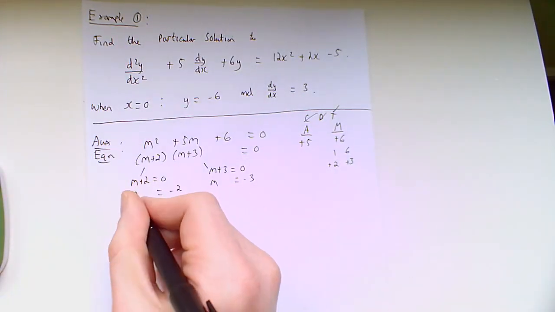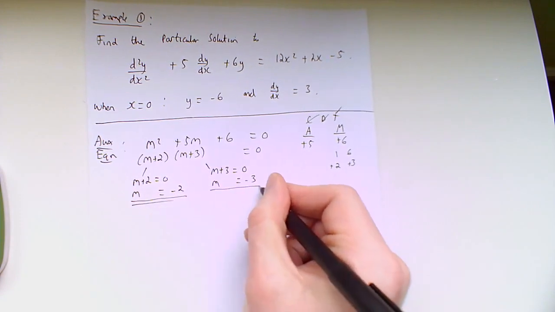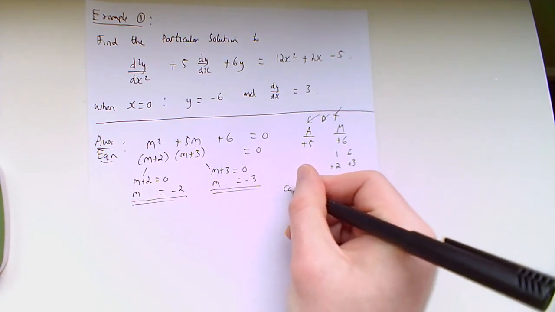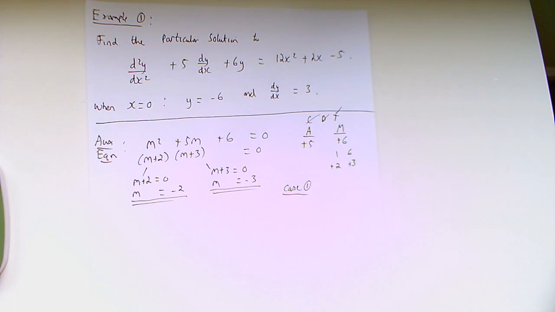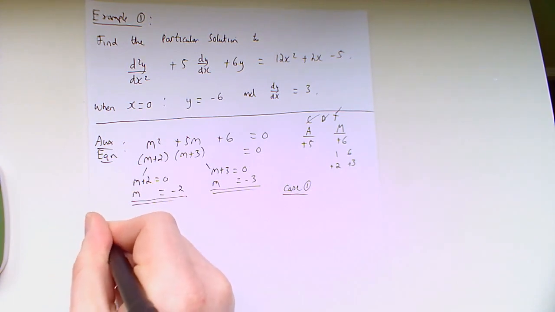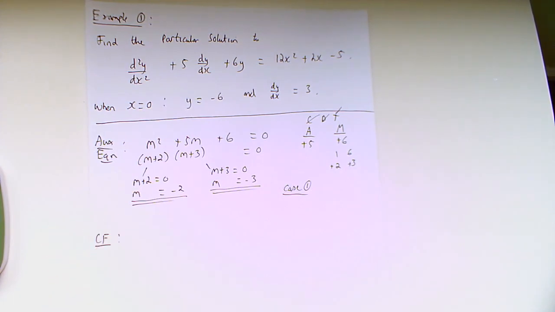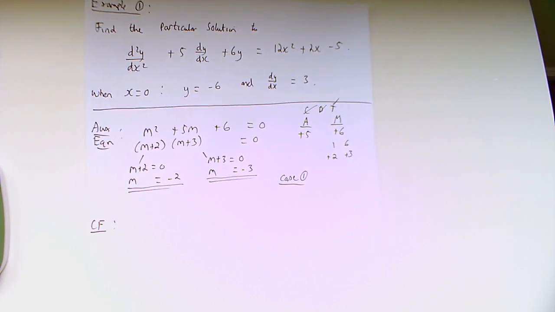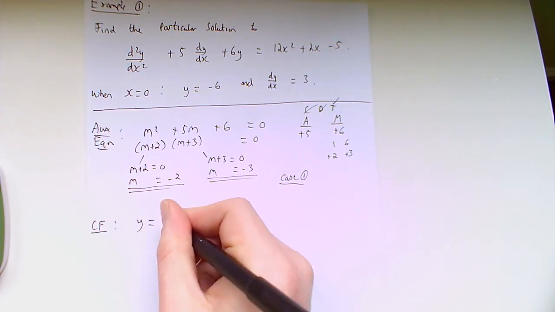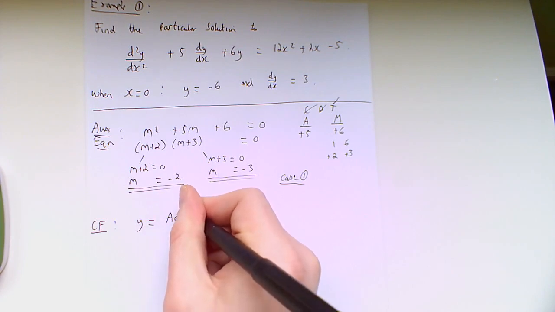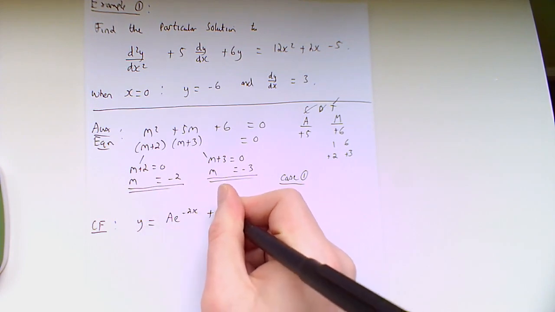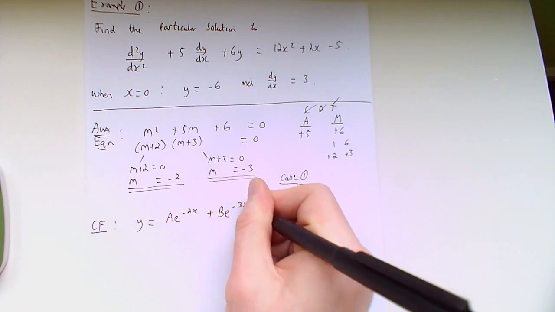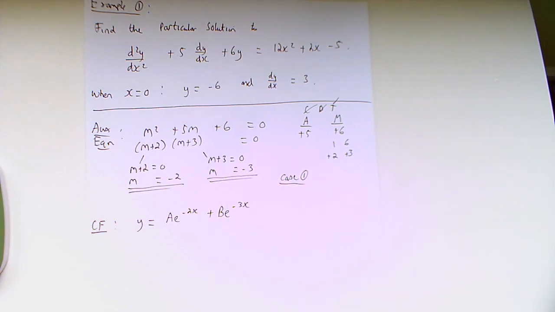They're different numbers. So that means it's case number 1. So my complementary function, which was what we called the general solution when it was a homogeneous differential equation, is just y equals ae to the power of negative 2x plus be to the power of negative 3x. And that's the first bit of my differential equation done.